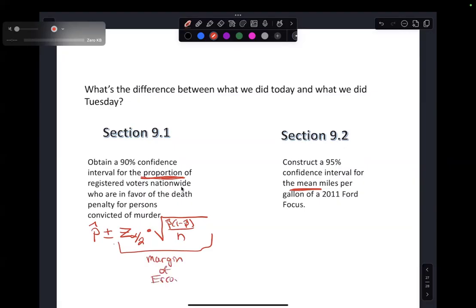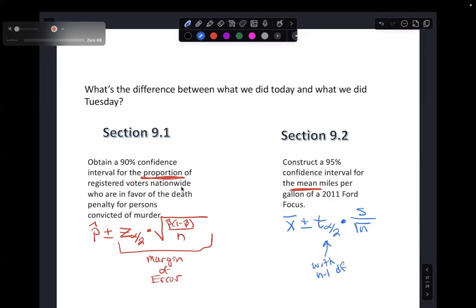Okay, there's the math. Then with the mean, what we just did, I have x bar, plus or minus the t-score times s divided by the square root of n, with n minus 1 degrees of freedom.